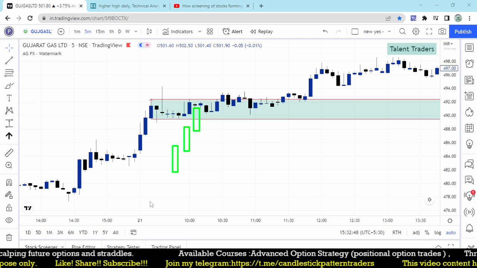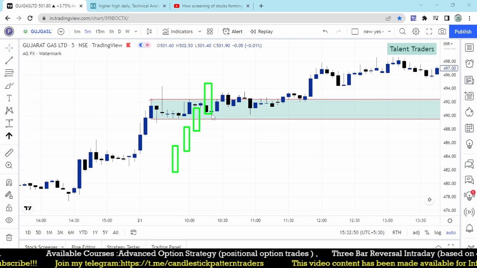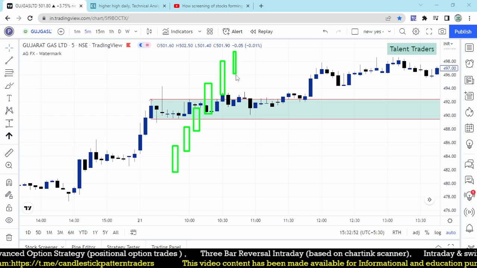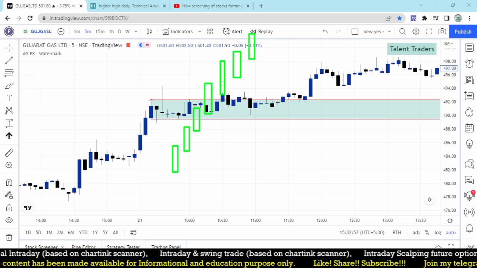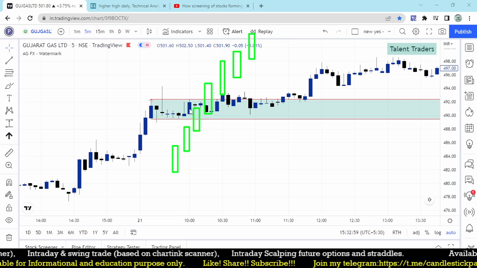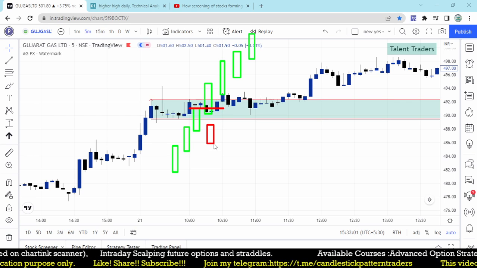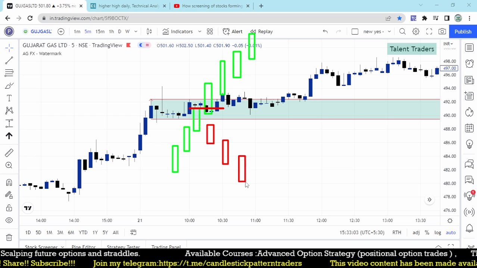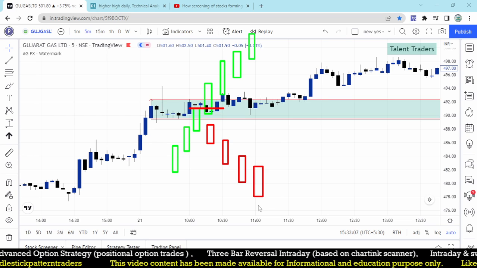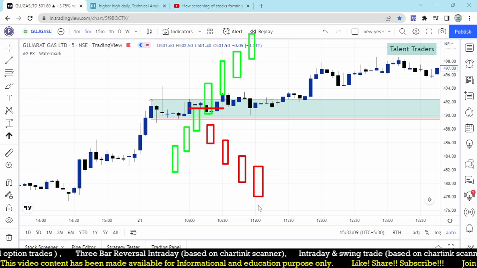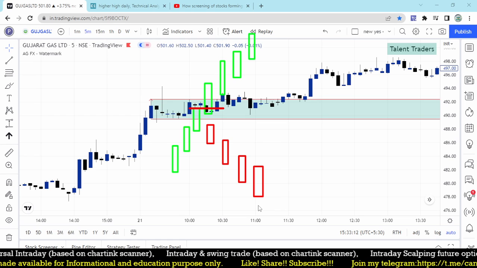Maybe it continues the uptrend, or it may reverse from this top.